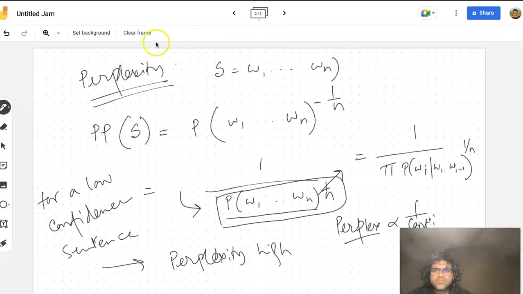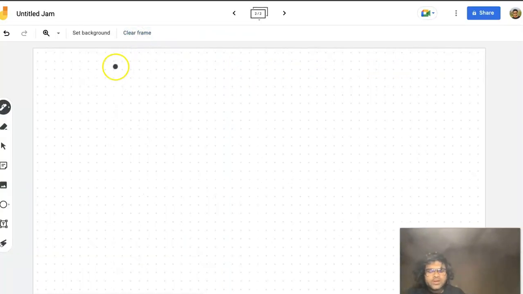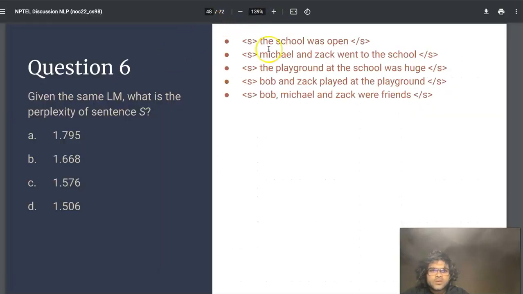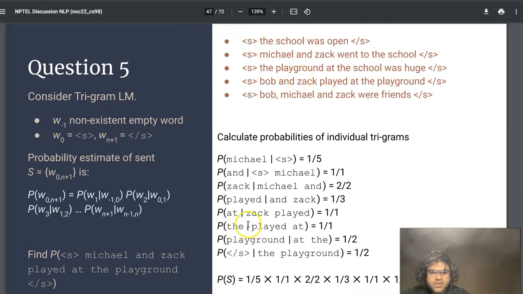The thing is pretty simple. You already have the probability of the sentence, which is 1 by 60. Now the formula of perplexity is 1 by this probability, to the power 1 by n, where n is the number of words. In the sentence there are 1, 2, 3, 4, 5, 6, 7, 8, 9, so 9 words.